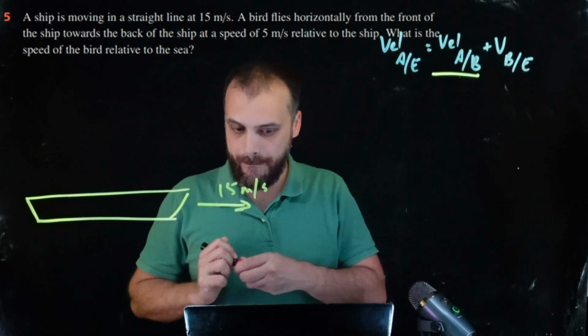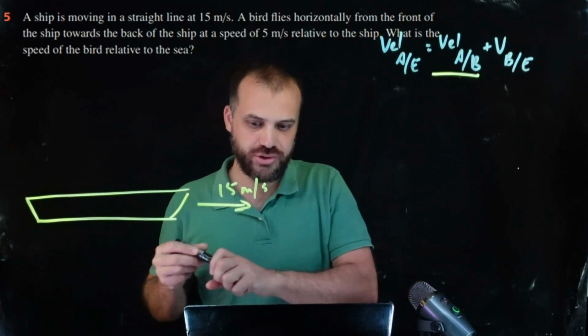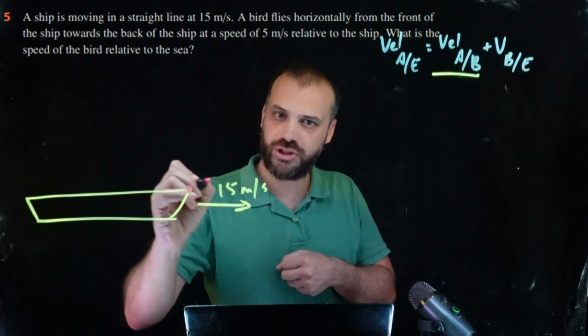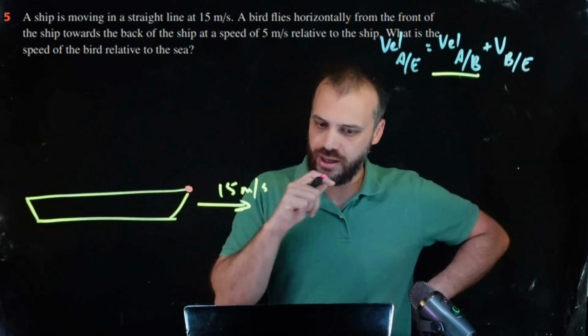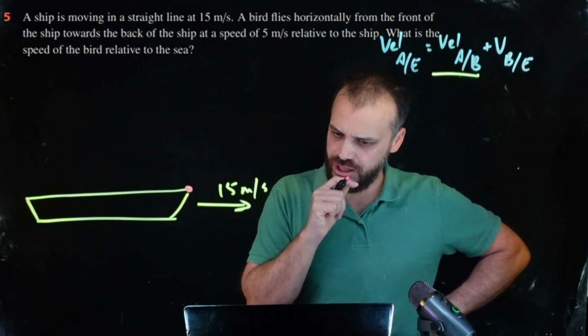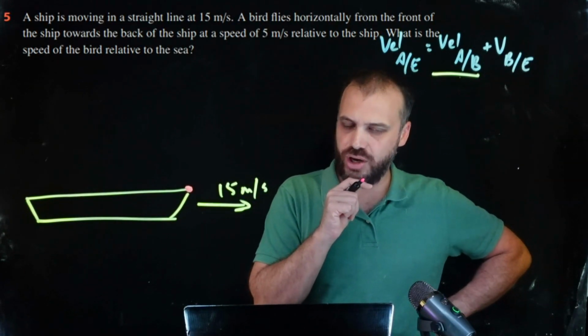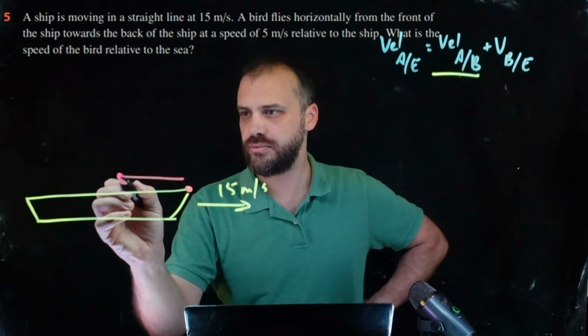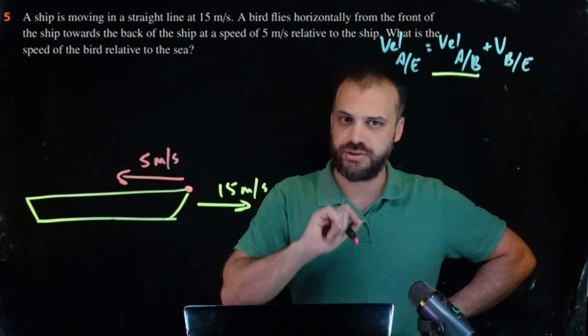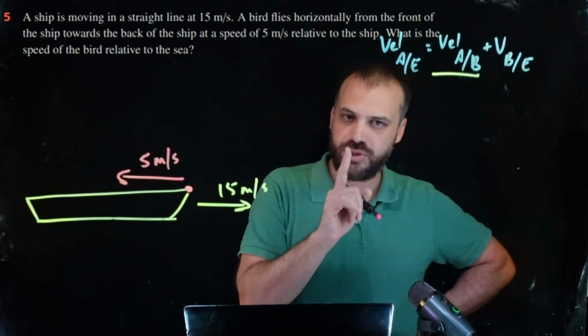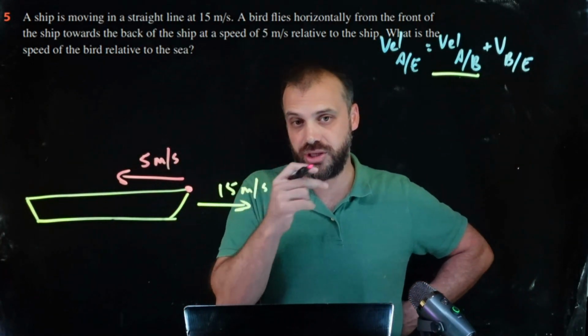Now, a bird flies horizontally from the front of the ship to the back of the ship. So moving in this direction towards the back of the ship at a speed of 5 meters per second. Relative to the ship. Okay, so that's an important thing to note, right?